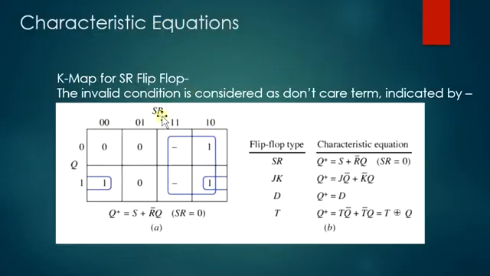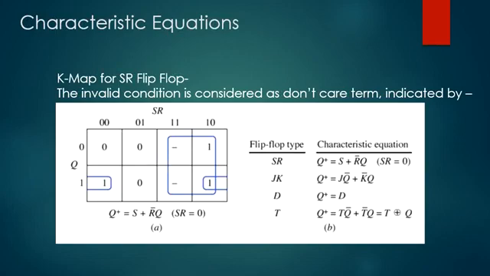From this particular Karnaugh map, I can say that the case of SR equal to 1 1 is included to make sure that both S and R signals should not be equal to 1 simultaneously for the proper operation of the SR flip-flop.